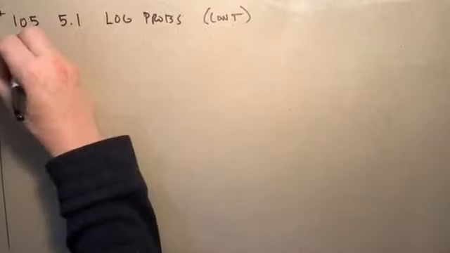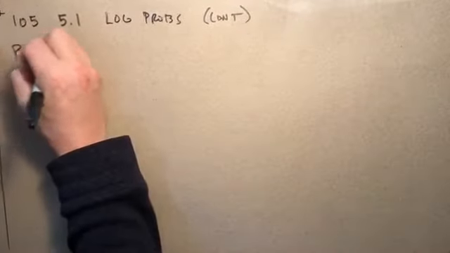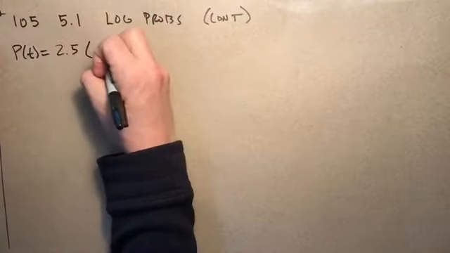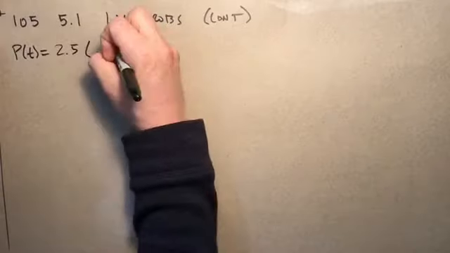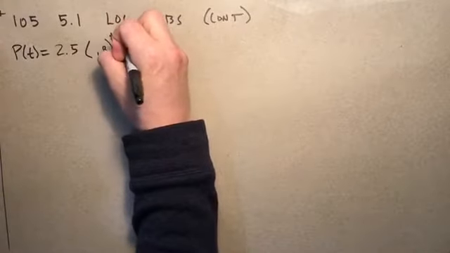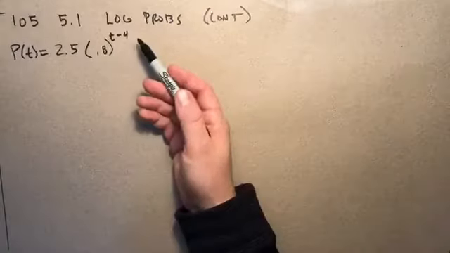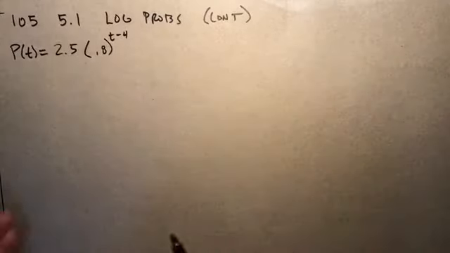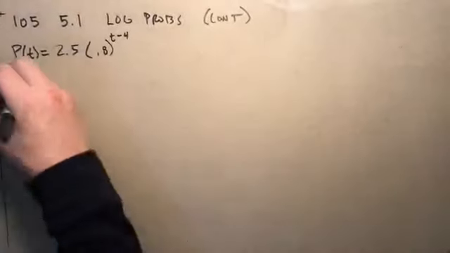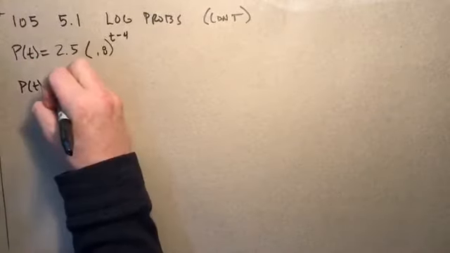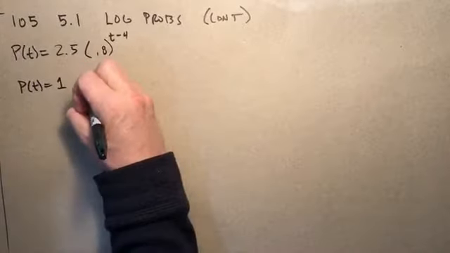Let's have some population. P of t is equal to 2.5 times 0.8 raised to the t minus 4. And what this says is in the 4th year, the population was 2.5 and it's decreasing by 20%. And let's say, when is P of t going to be equal to 1 exactly?